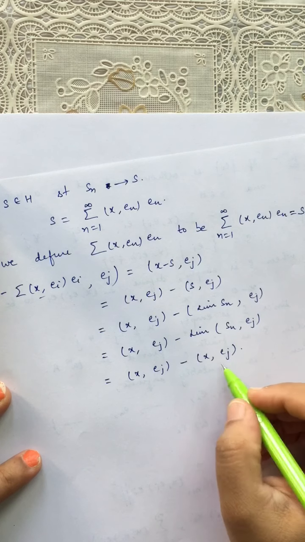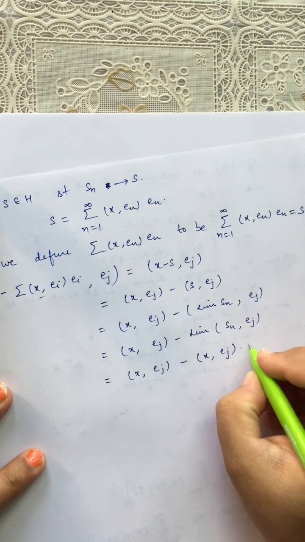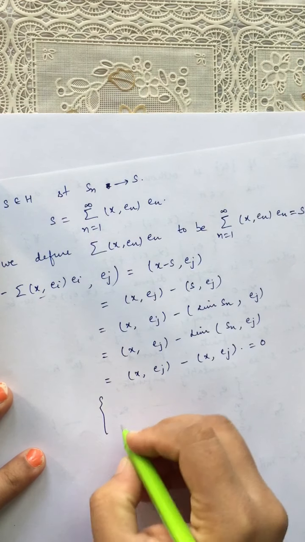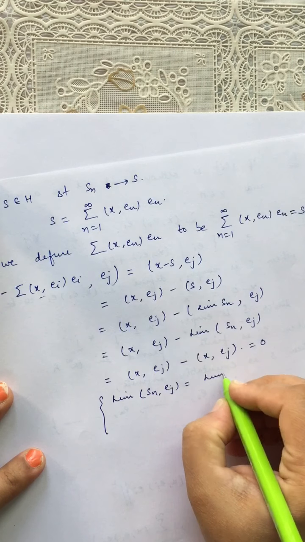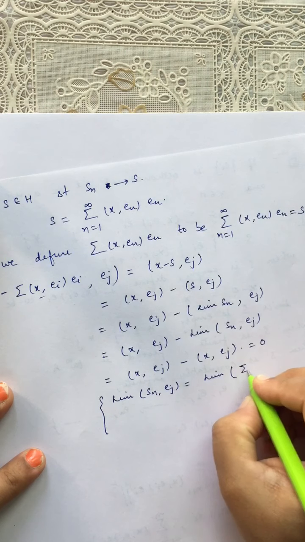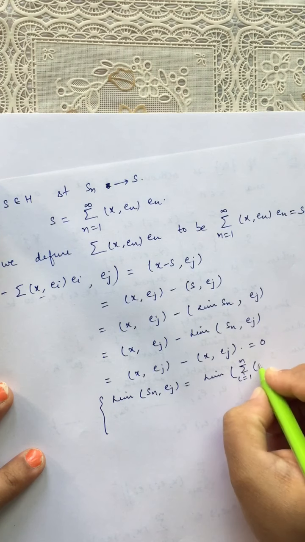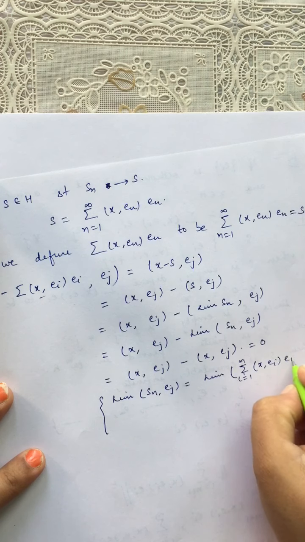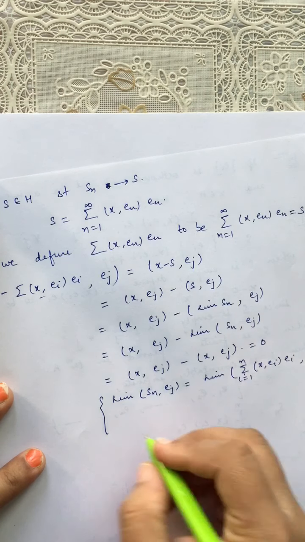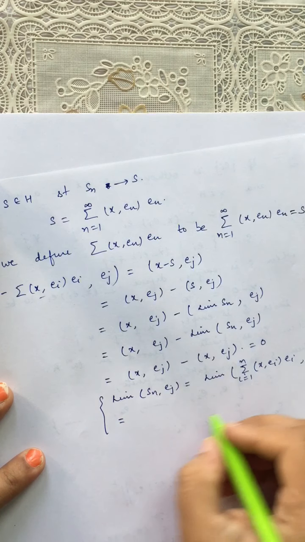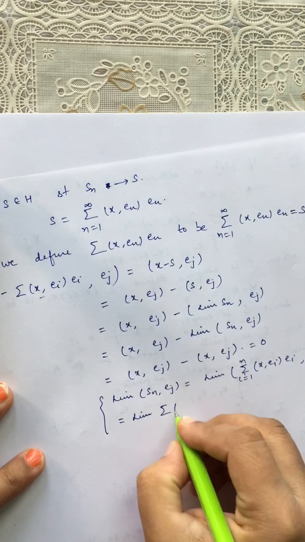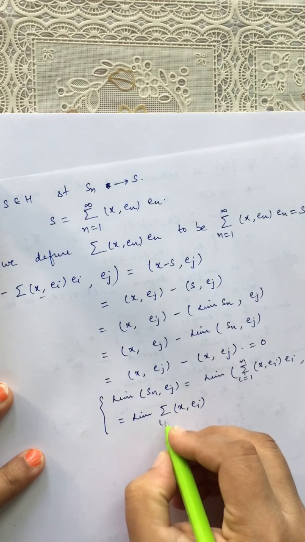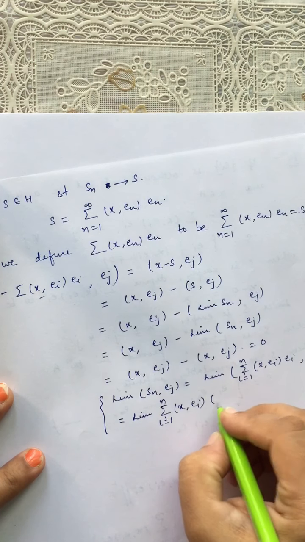Why is this limit equal to ⟨x, e_j⟩? So I'll tell you here. The limit of ⟨S_n, e_j⟩, where S_n is the finite sum i varying from 1 to n of ⟨x, e_i⟩ e_i, now the product with e_j. When we open this inner product, it will become the sum of ⟨x, e_i⟩ ⟨e_i, e_j⟩, i varying from 1 to n.